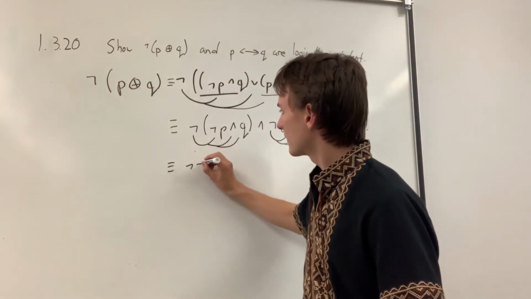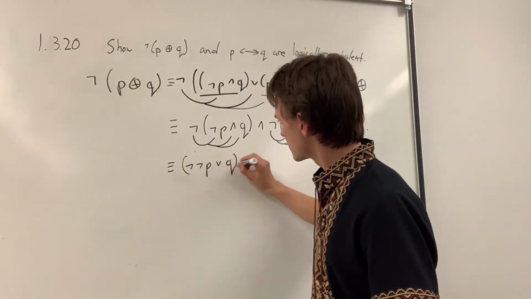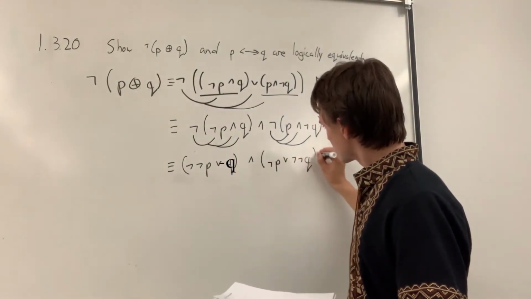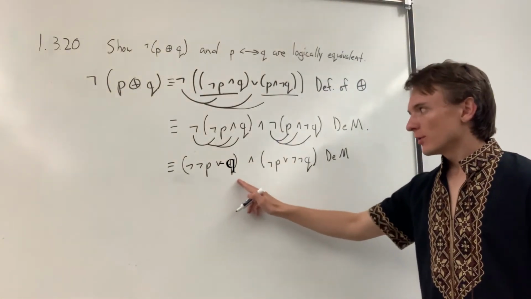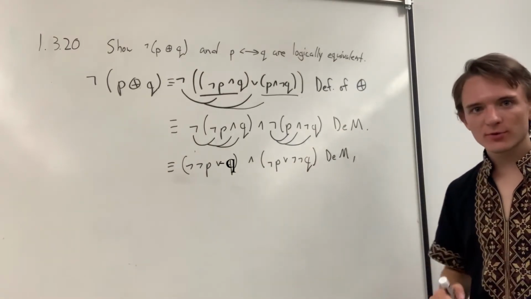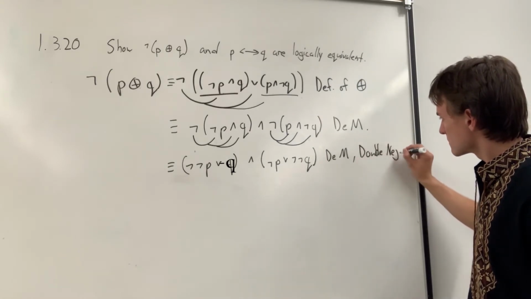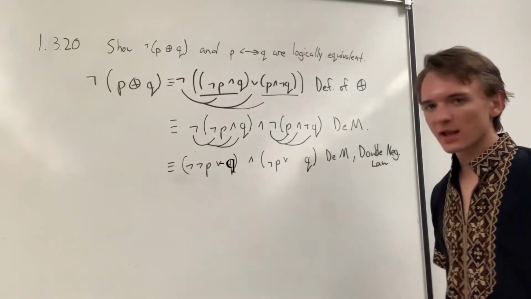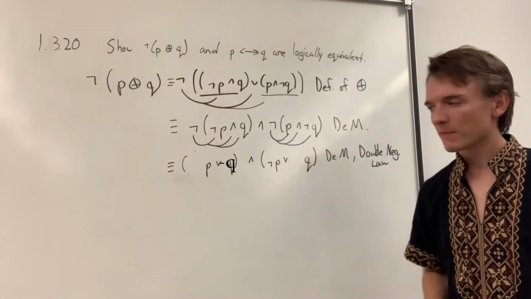We get the negation of P or Q, and the negation of P or the negation of Q. Let's also throw in the double negation law. And on that same step, let's convert the negation of Q to just a Q, and the negation of P to just a P.